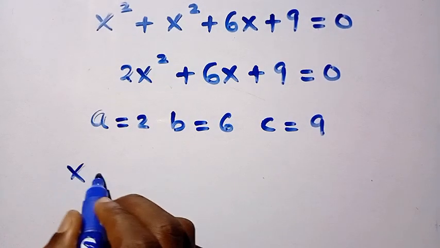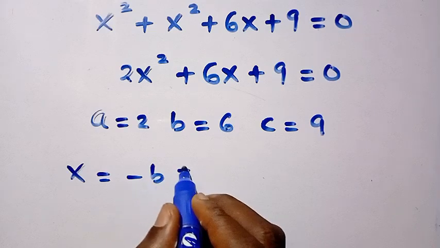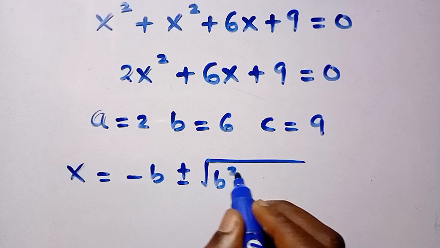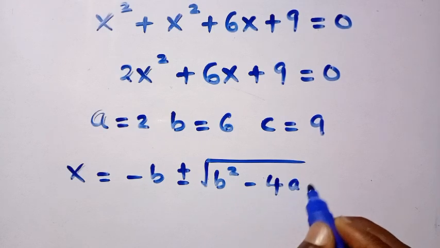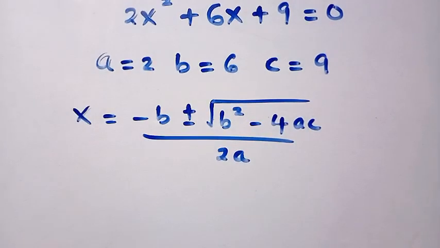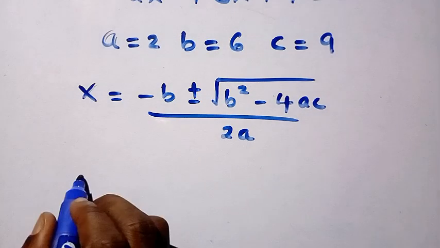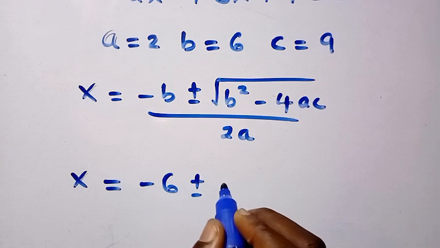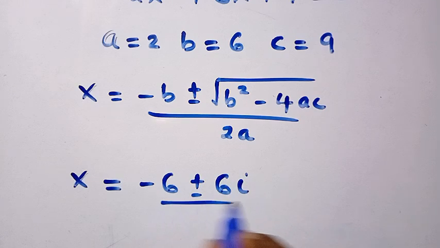By using x equals -b plus or minus the square root of b^2 - 4ac, all divided by 2a, as our quadratic formula, then when we plug everything in, to cut the story short, we are going to have (-6 plus or minus 6i) divided by 4.